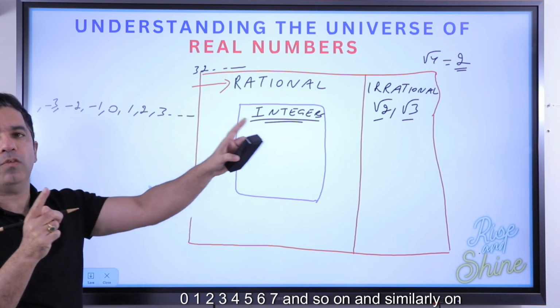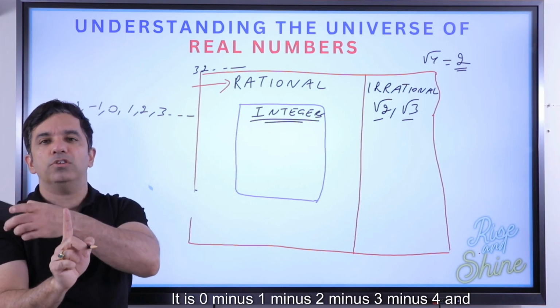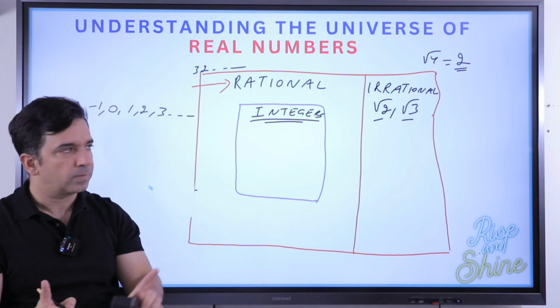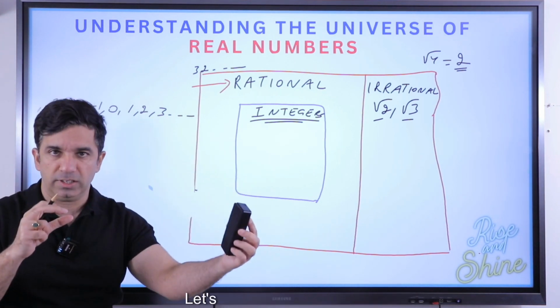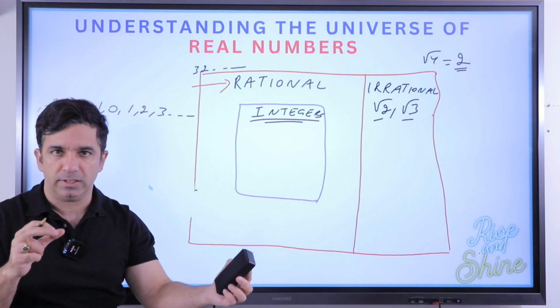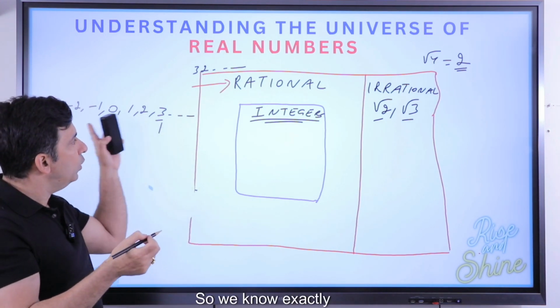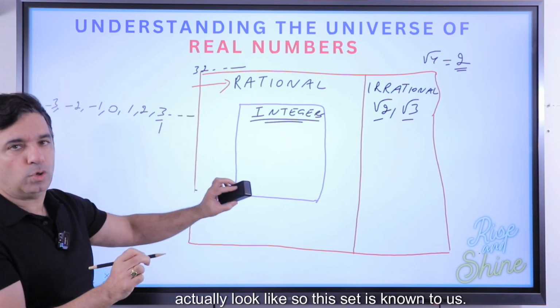In the bigger picture of rational numbers, some are fractions. Let's say 3 upon 4, that is not an integer. But let's say 3 upon 1, this is an integer. So we know exactly the way integers look like. So this set is known to us.